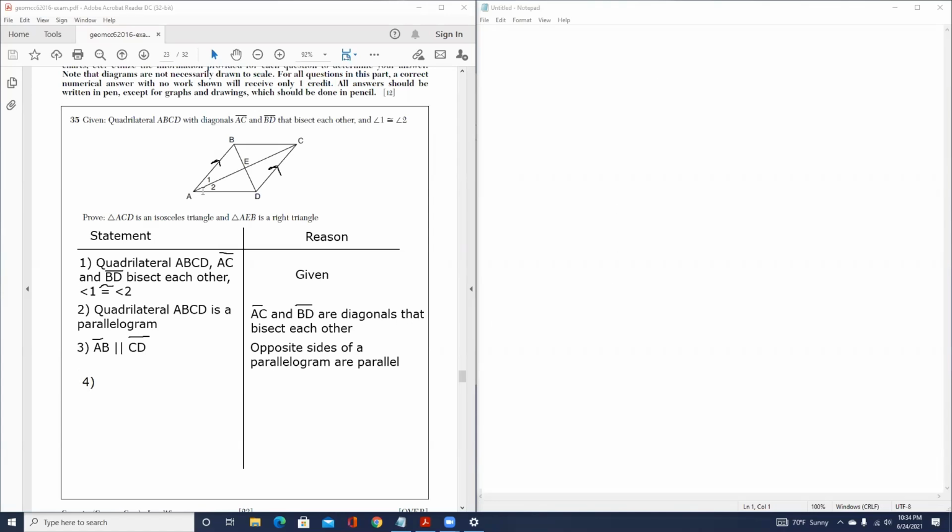So it looks like what we can do, it's probably easiest to work with the angles because we have defined that some of these angles are congruent. That's given to us. If AB and CD are parallel, then we know that angle 1 is congruent with angle ACD.